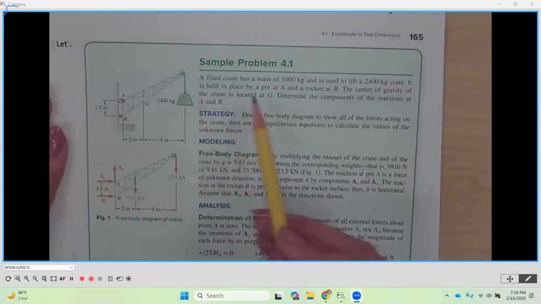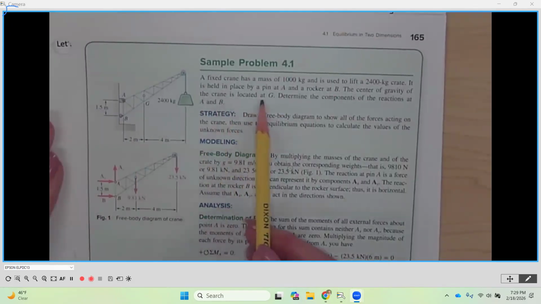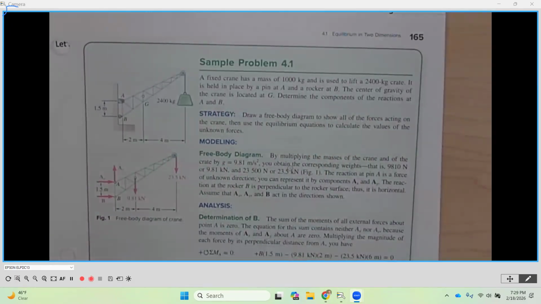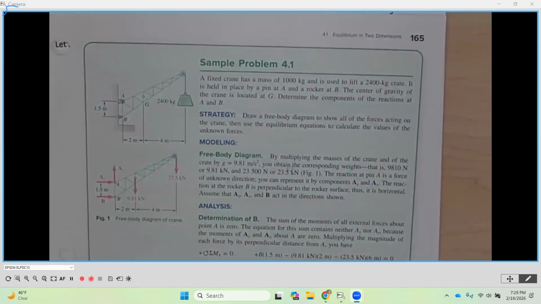It is held in place by a pin at A and a rocker/roller at B. The center of gravity of the crane is located at G. Determine the components of the reactions at A and B. We're going to solve for the reactions at A and B. That's all that means. They're using the word components, but don't worry about that because we've got vertical things, so we're going to be using X's and Y's anyway.